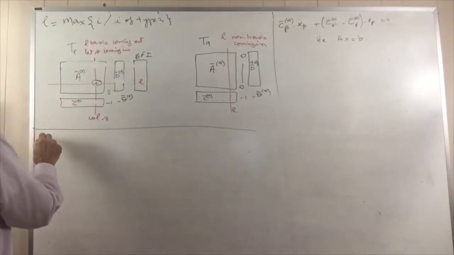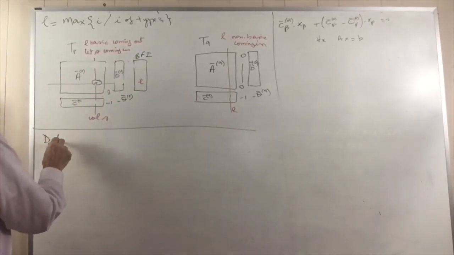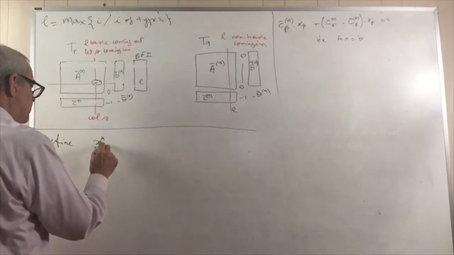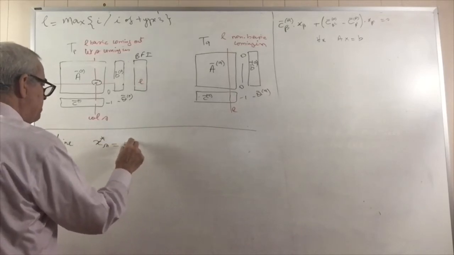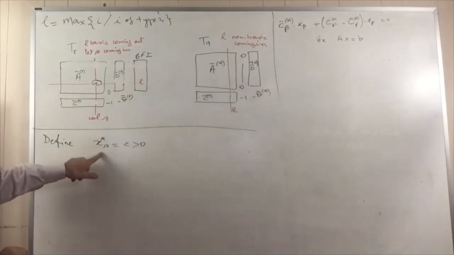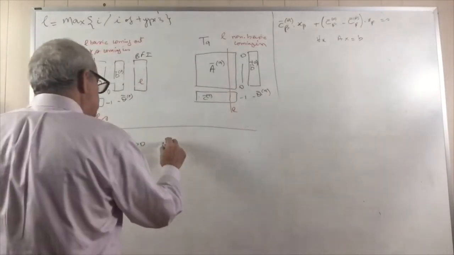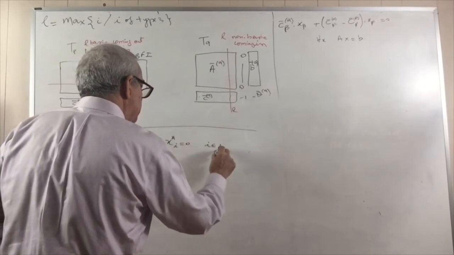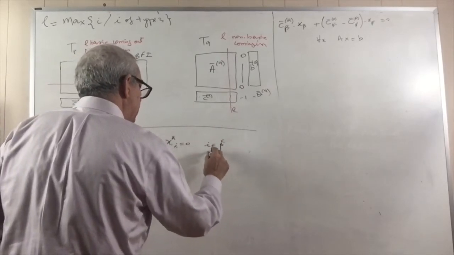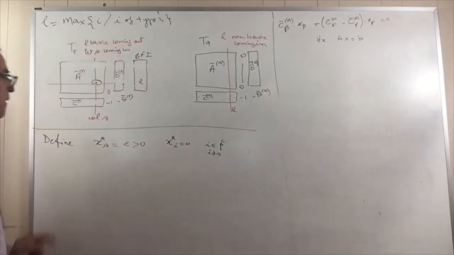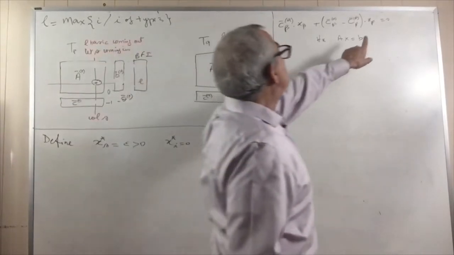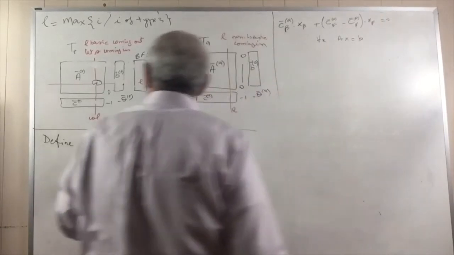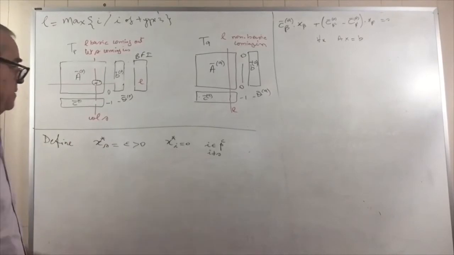I'm going to define x star of s equal to some epsilon positive, and then x star of I equal to 0 for I in the B complement and I not s. So I'm going to set this vector equal to 0 everywhere except for I equal to s, where I'm going to set it to epsilon positive.